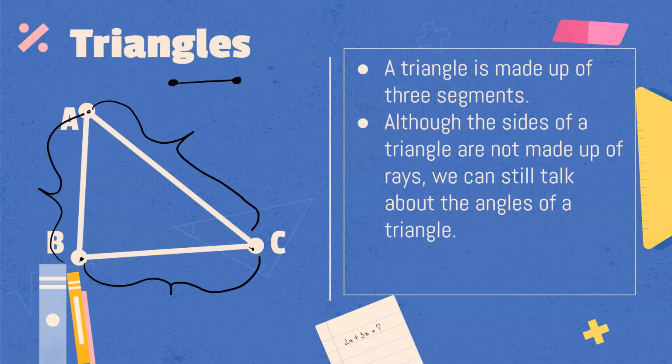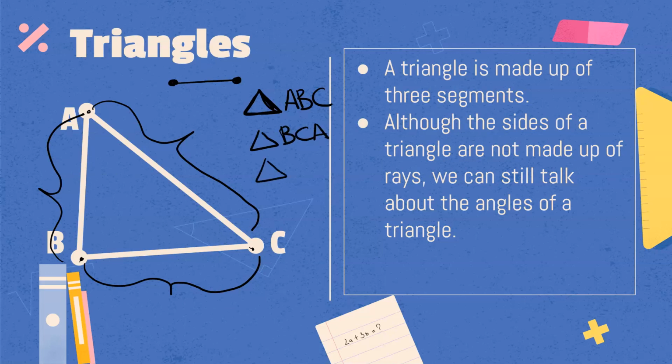And so the way we name a triangle is with this triangle symbol. So we draw this little triangle symbol. And then we just list the points. So ABC. And with a triangle, you can really start at any point. You can say triangle BCA.